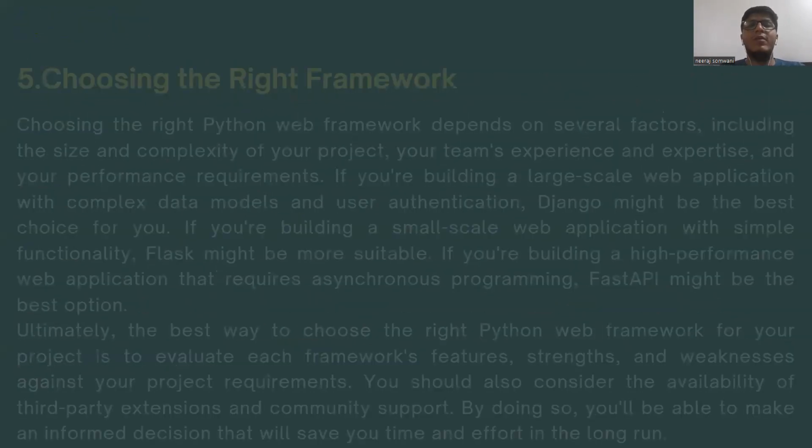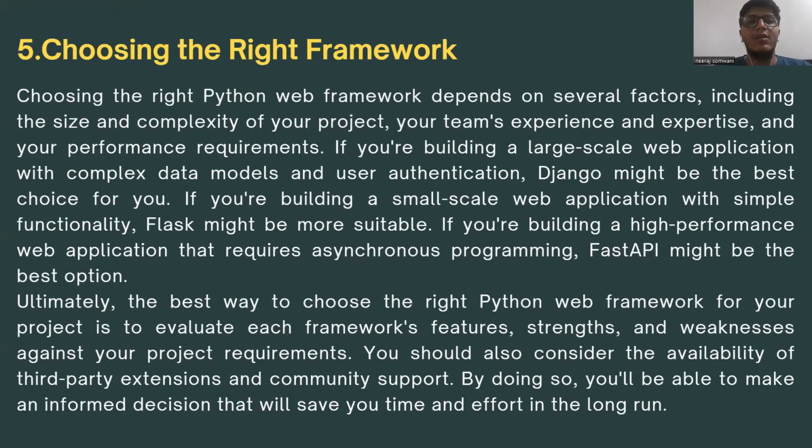So next is the comparison between all these three frameworks. As a developer, which framework do we have to choose for our web applications? If you have to make a large application with a lot of templates and structures, we can use Django because it provides complex data models and authentication to developers.